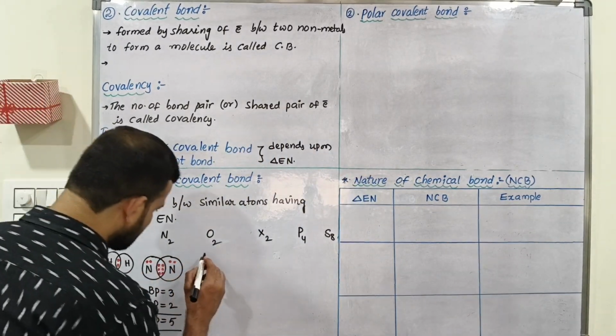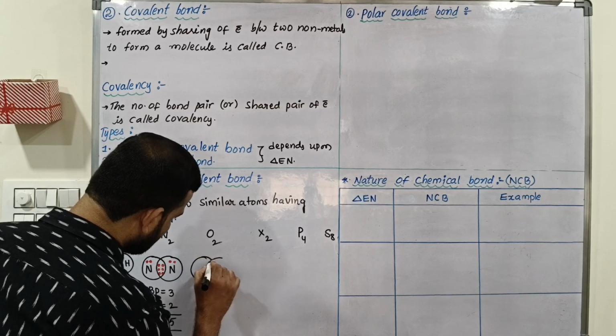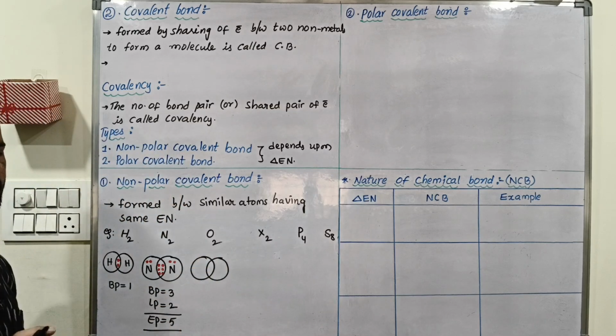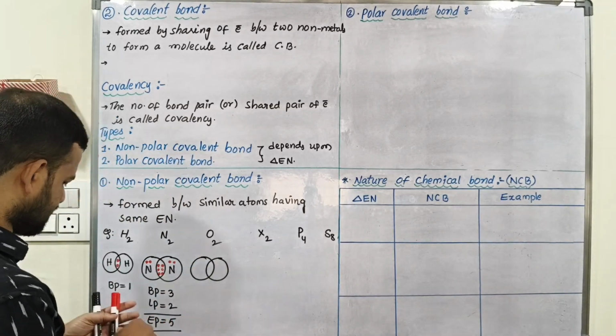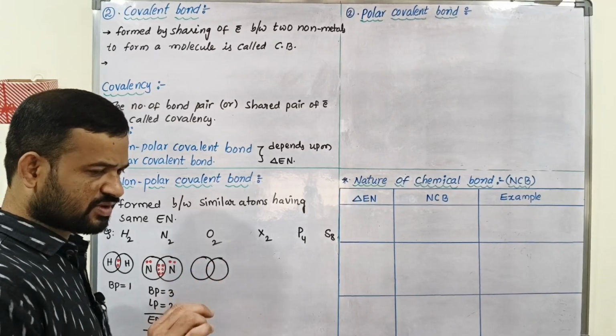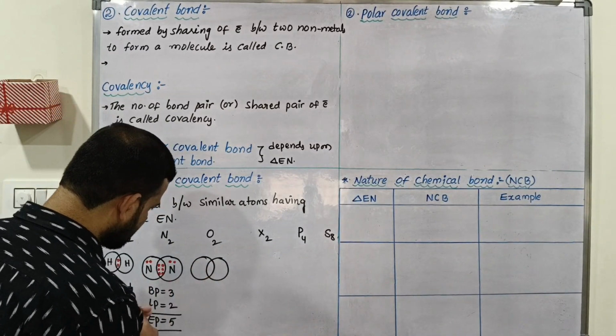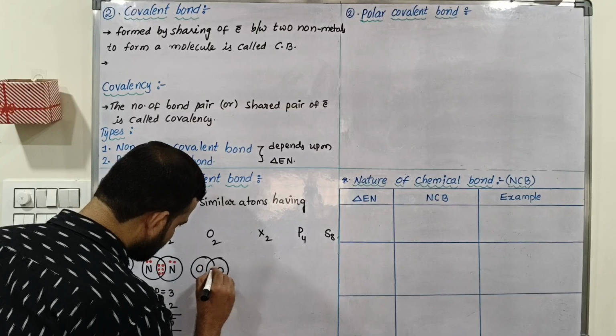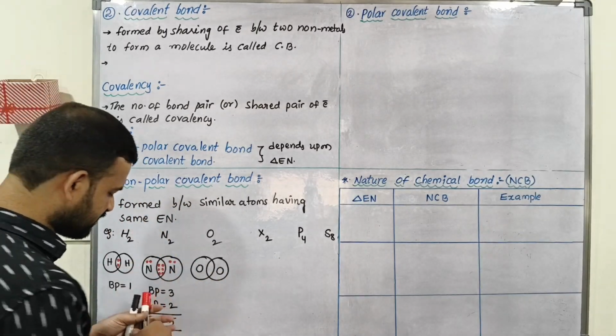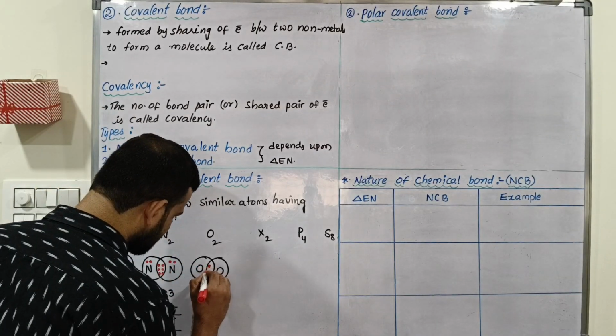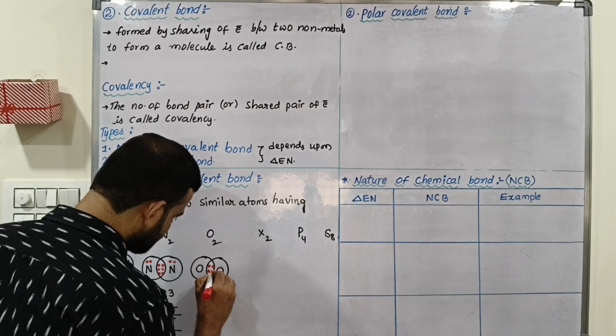Next, come to the O2 molecule. Oxygen atom contains two unpaired electrons and two lone pairs of electrons. Only unpaired electrons participate in the covalent bond. Understand? So each oxygen contributes two unpaired electrons, here two, here two.